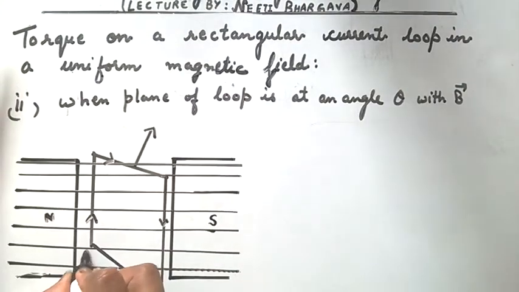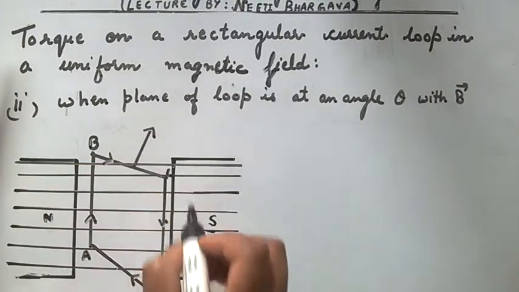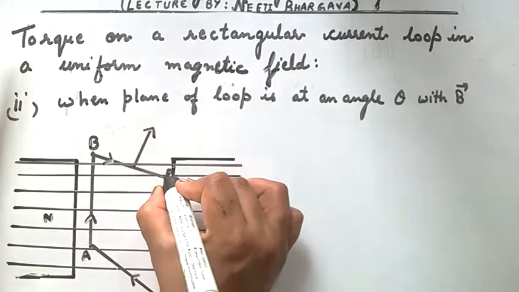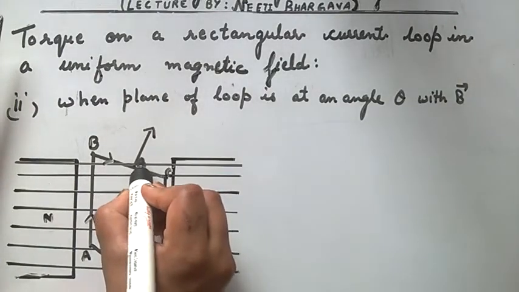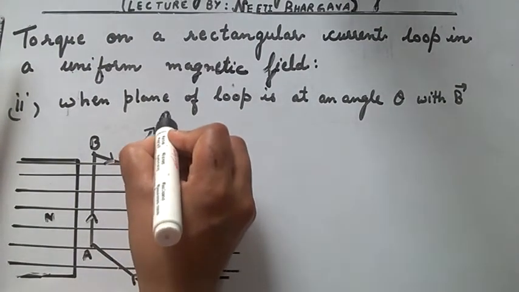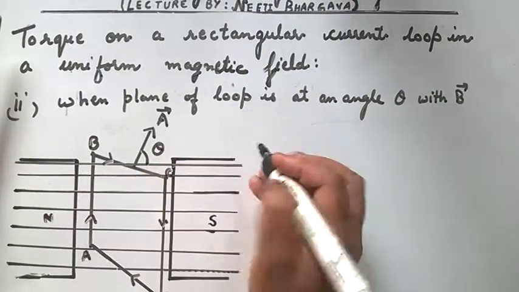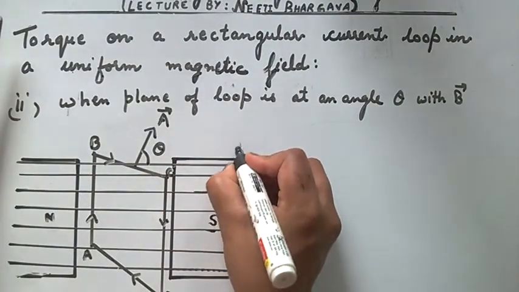Sides are A, B, C and D. The area vector is making an angle theta with the uniform magnetic field, which is along the x-axis.